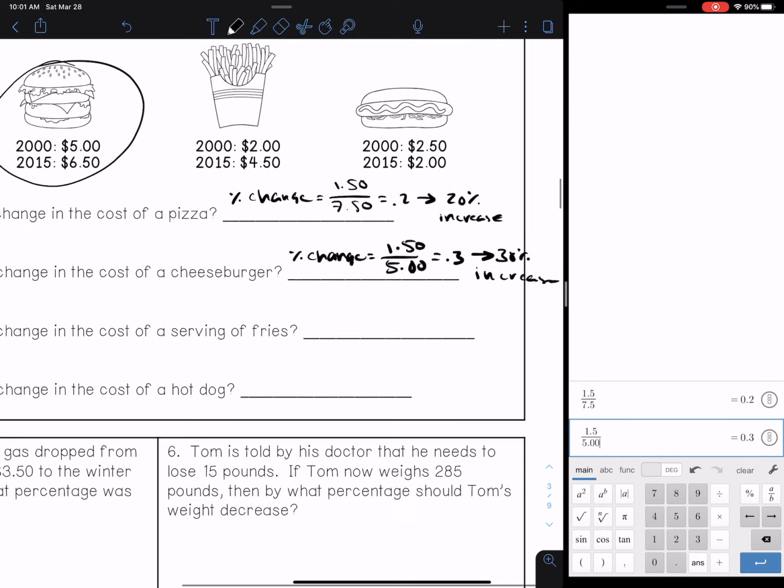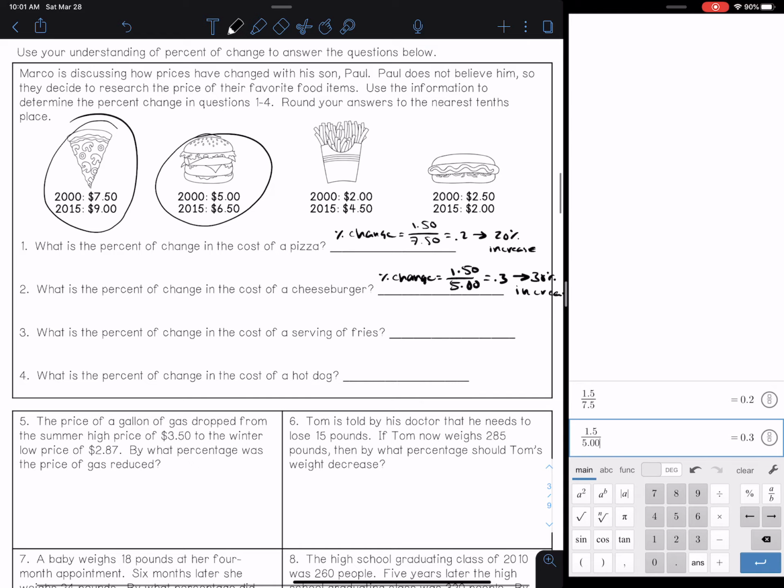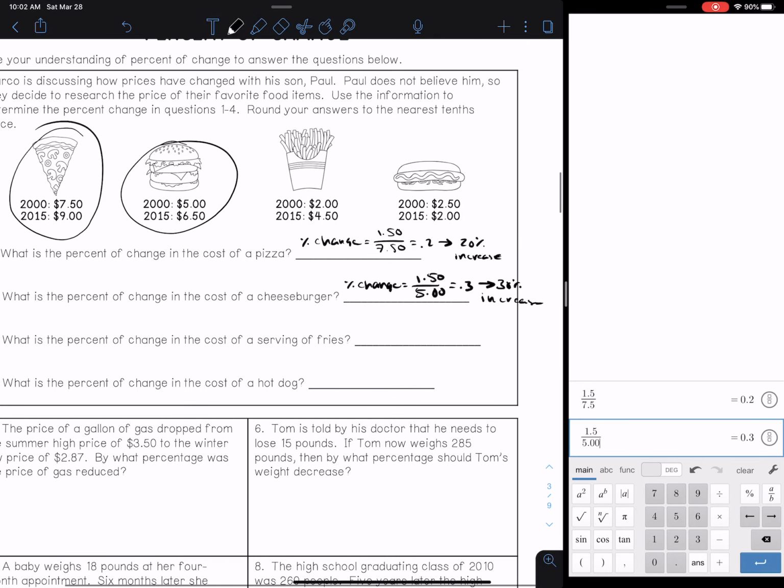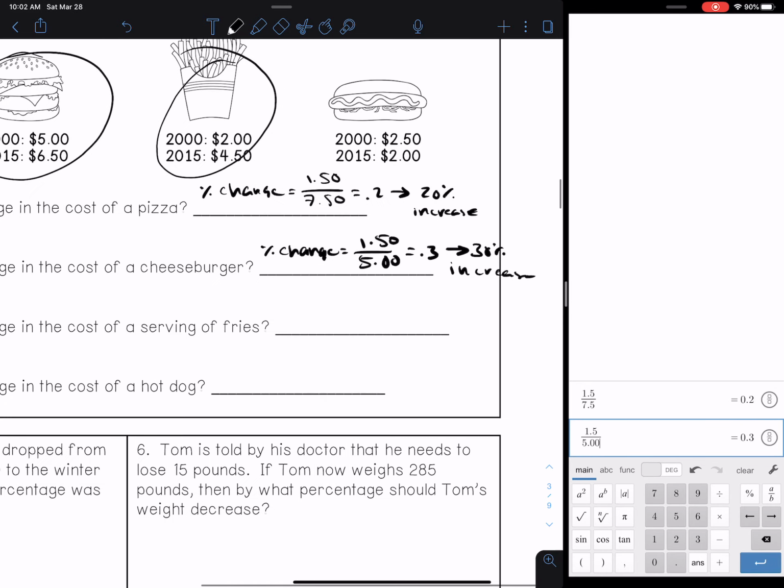All right, the next one, the percent of change in the cost of a serving of fries. Like always, percent of change equals the amount of change. From $2 to $4.50, that's $2.50. How much was the original? It was $2.